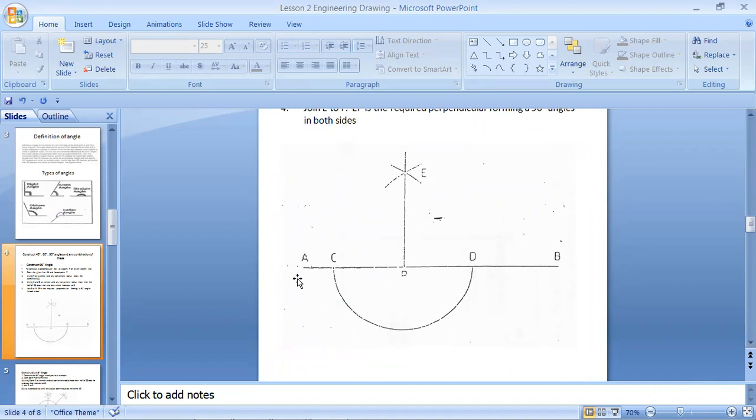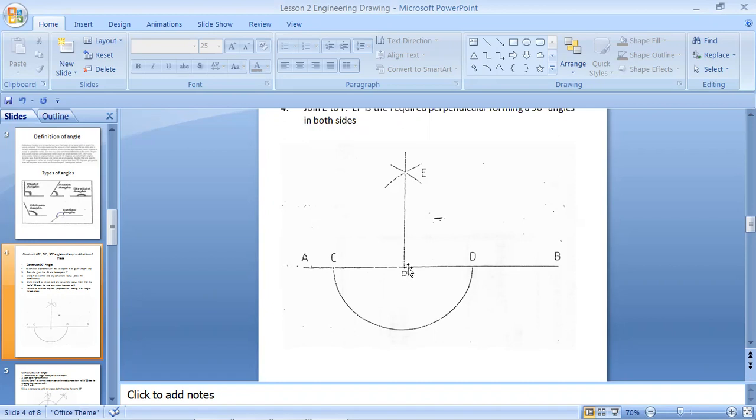Just draw the horizontal line at a particular measurement given. And then you determine on the line where you want to draw your line forming 90 degrees. When you find a particular point, just mark a point over the line and then set the compass, right?